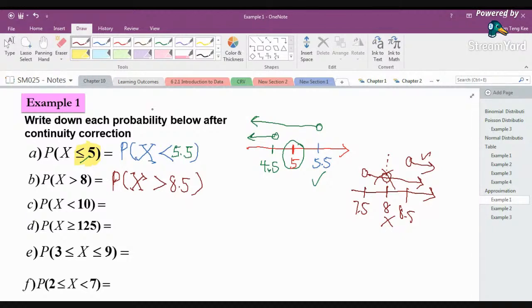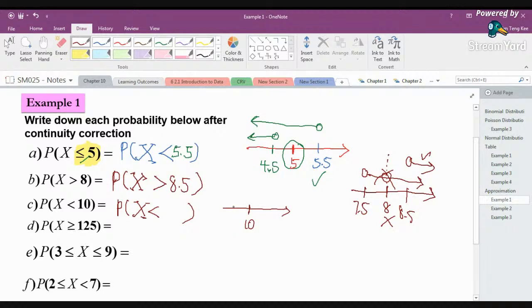Of course, some of you may be able to just visualize by inspection. By looking at the value, you know whether you need plus or minus 0.5. But once again, here I'm trying to do the beginner way. So follow, P of X less than 10. I have the choice of 10.5 and 9.5, and I don't want to include 10.